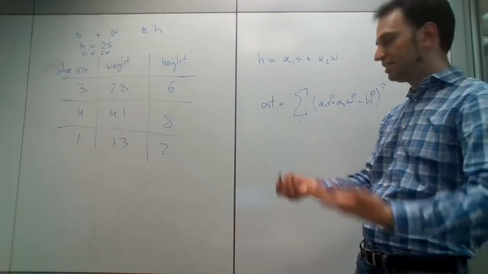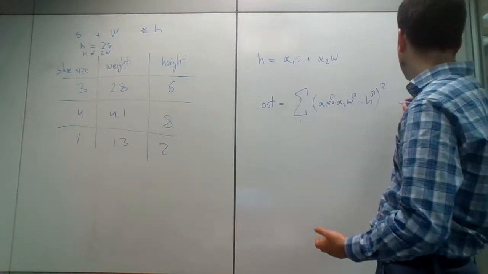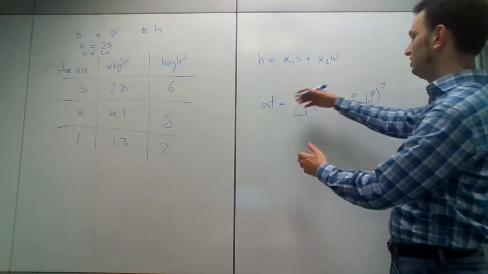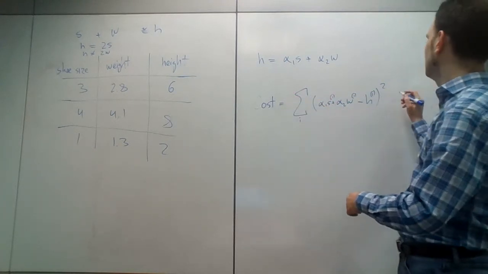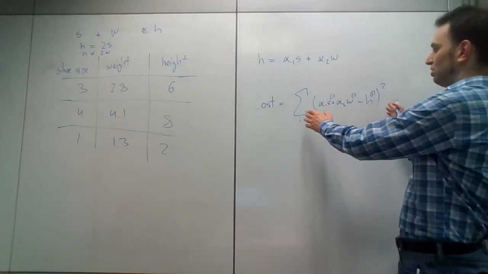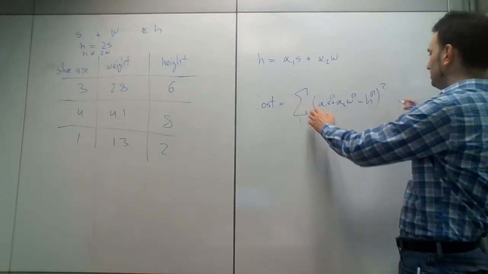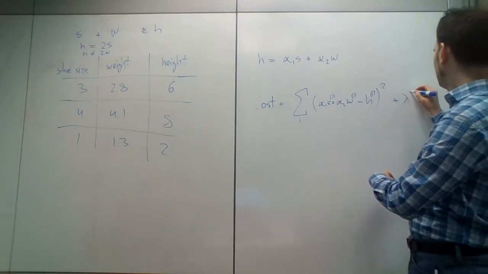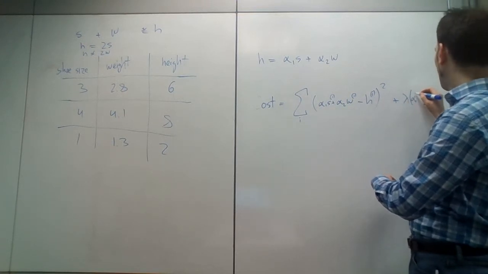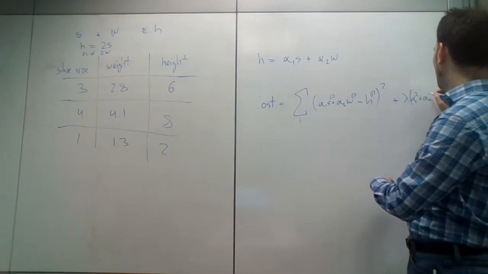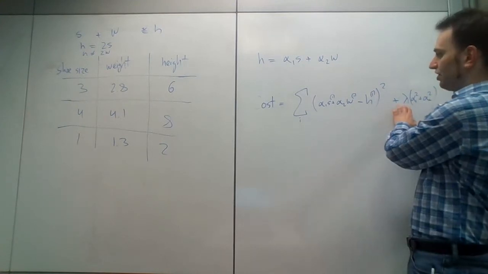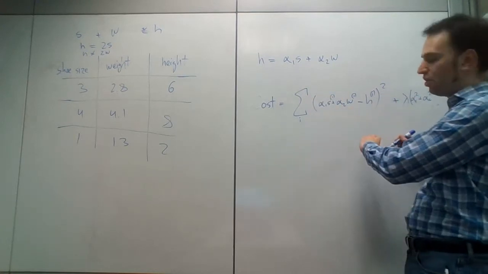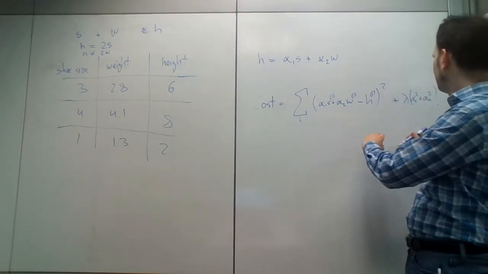And now let's add our regularization term. This is the cost, which means that if this is large, this is bad, and also if lambda times alpha 1 squared plus alpha 2 squared is large, that's also bad.